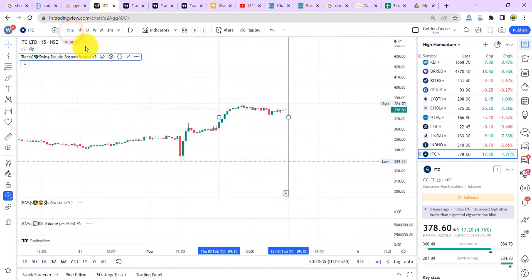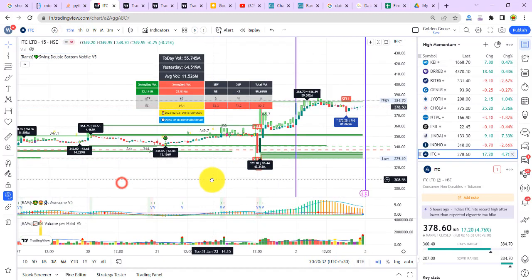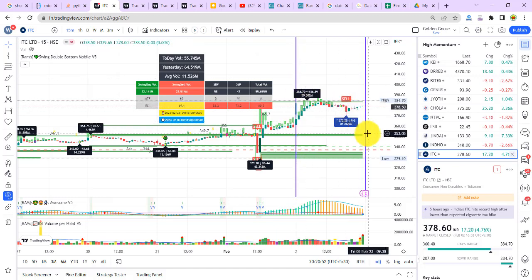Now let's move to 15 minutes time frame. See, here we can see this is the starting point and this is the ending point. So from here the price has moved up, and here we got a sell signal, but actually the price has dropped from here. Even the grid zone is appearing.